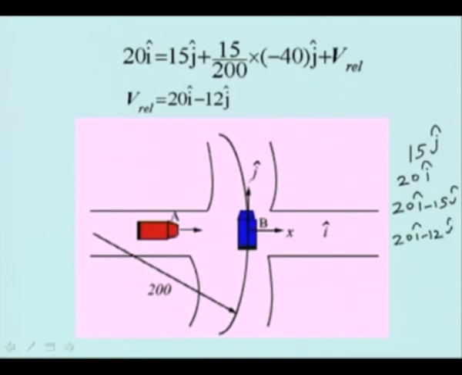Had this car been moving in a straight line, then omega would have been 0 and the relative velocity would have come, instead of 20i minus 12j, it would have come 20i minus 15j. So, see the difference a rotating coordinate system makes.